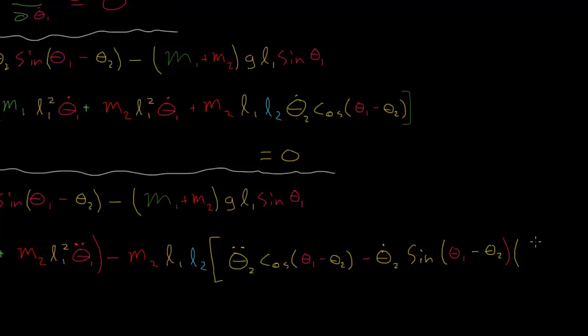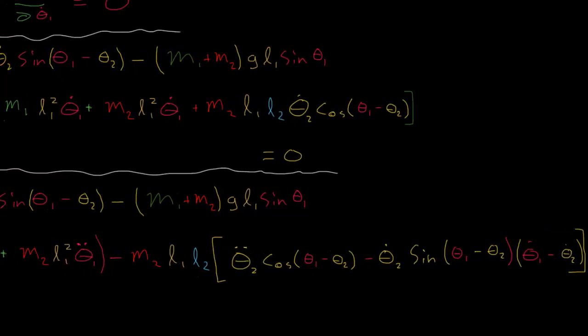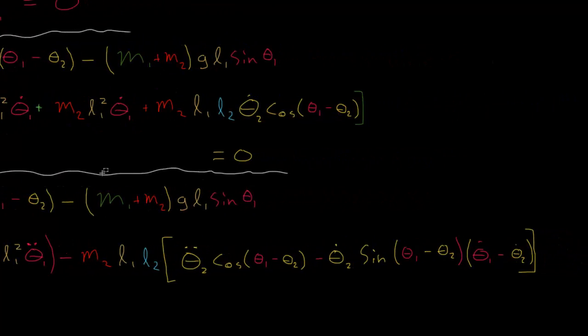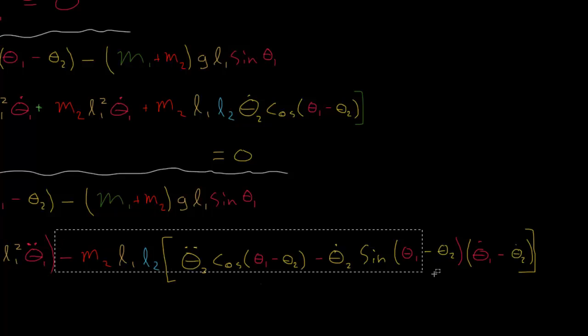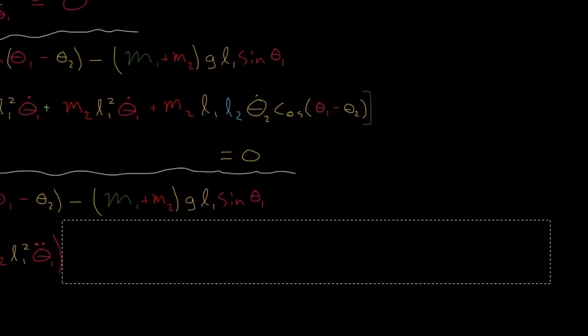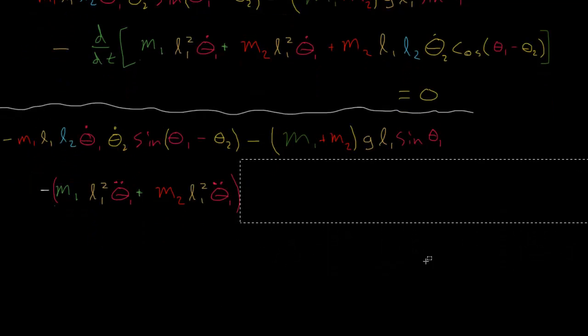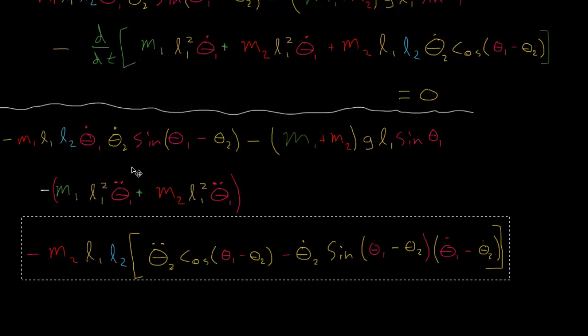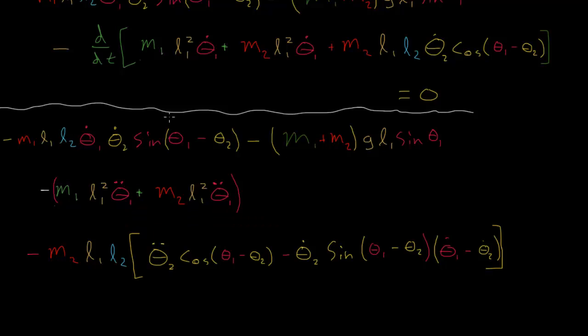We're just rewriting it with dots. Theta 1 dot minus theta 2 dot. Theta 2 dot. Right? And now we're done with that term. So I've stretched it beyond where we can see the whole thing. I'll just fix that with my handy copy and paste tool. Alright, so all of this together equals 0.